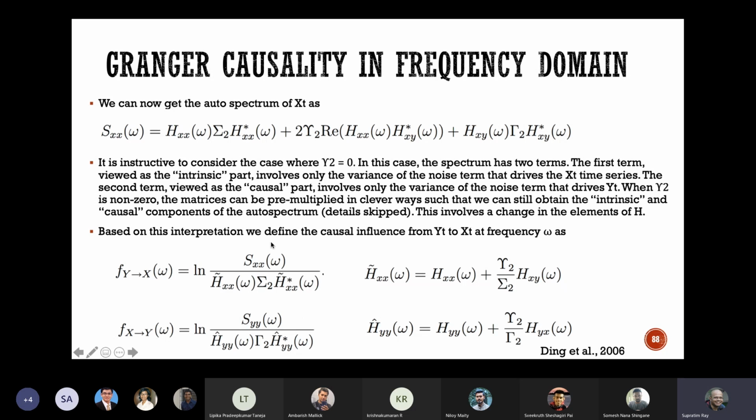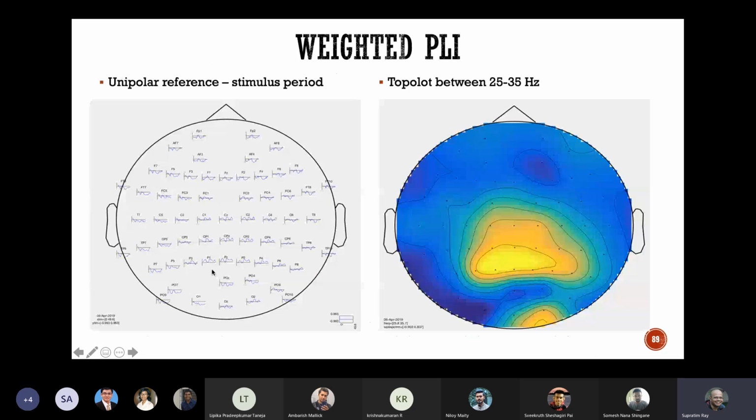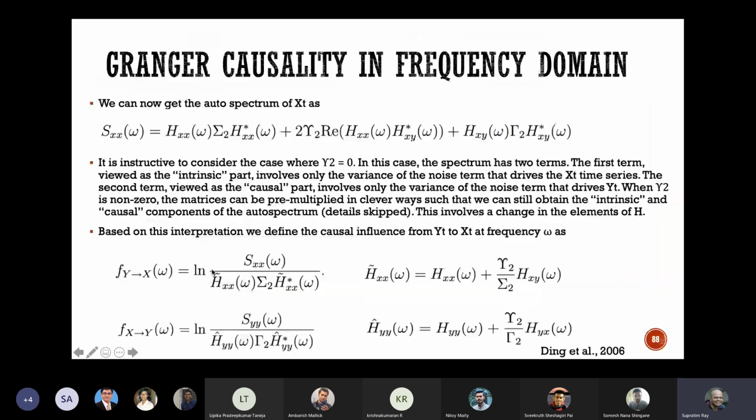You might be wondering why there's a tilde here. This tilde is nothing but a slight modification that you do on H if this term here is non-zero. It's just a very clever pre-multiplication so that you can still divide this autospectra here into an intrinsic and causal component even when this part is non-zero.